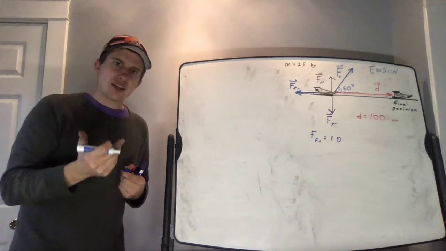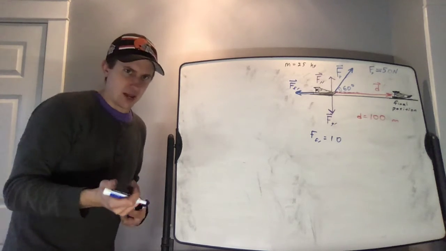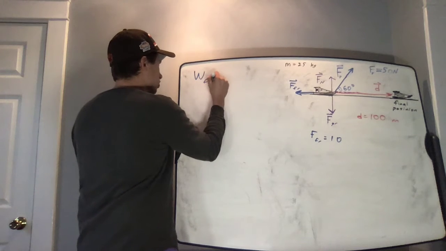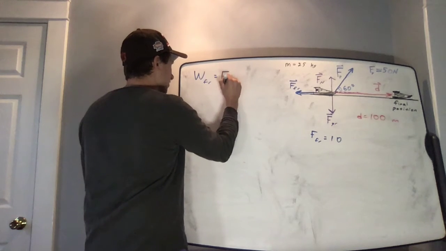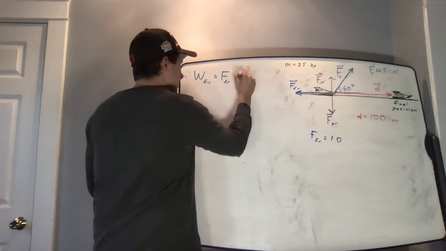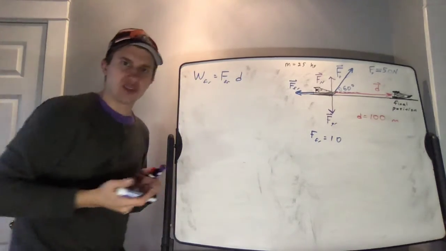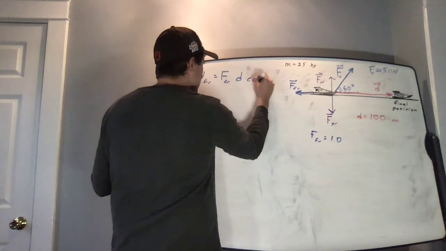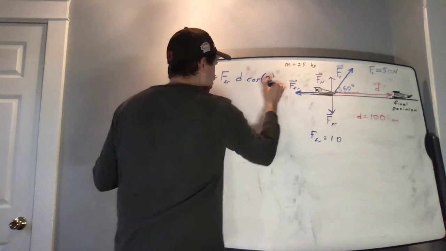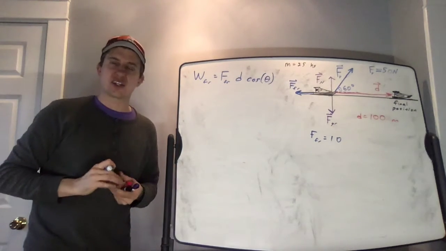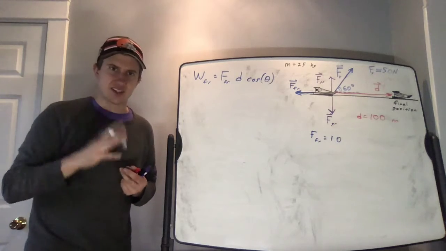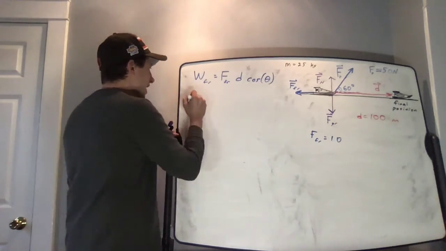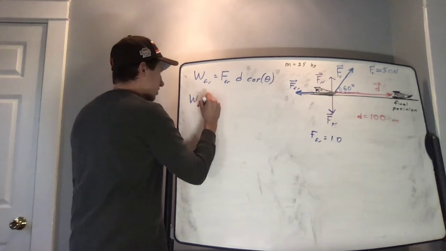To determine the work done on the sled by friction, I could say the work done on the sled by friction is equal to the strength of the friction force times the displacement of the sled, basically how far the sled traveled, times the cosine of the angle between the direction of the friction force and the direction of the sled's displacement. So when I plug numbers in, I could say the work done by friction.